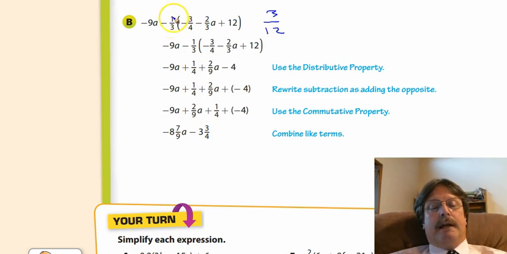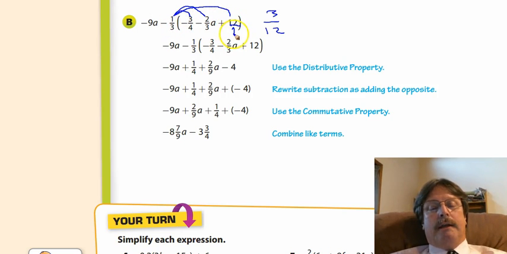They do the same thing again. So we had done this. Now we're going to do this one. So 1 times 2 is 2, and 3 times 3 is 9. You have a negative times a negative, so that's a positive. And then the last one you're going to do is this. So to help you out, write that over 1. 1 times 12 is 12.